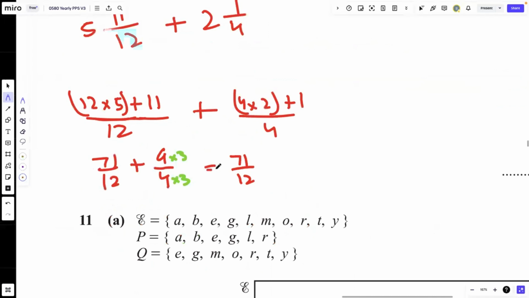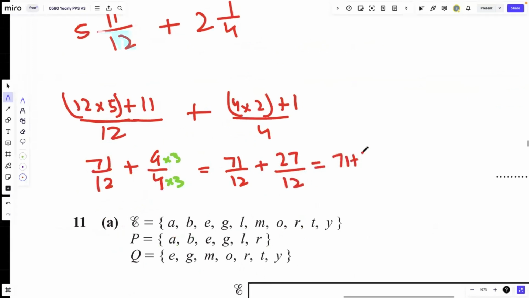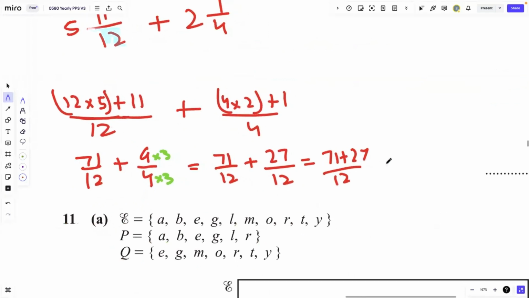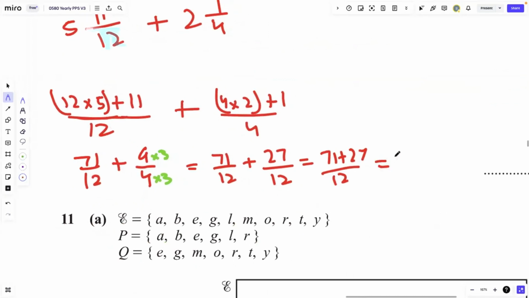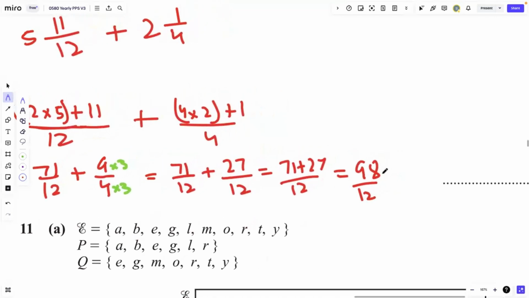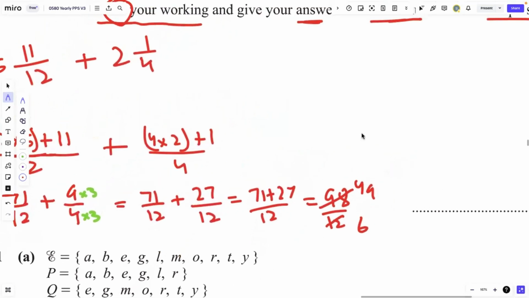So 71 over 12, and 9 times 3 is 27, that's 27 over 12. It can also be written with a single denominator, which is the same thing as 98 over 12. And when you further simplify in the table of 2, 2 times 49 is 98, and that's 6. So that's the most simplified form, 49 over 6.